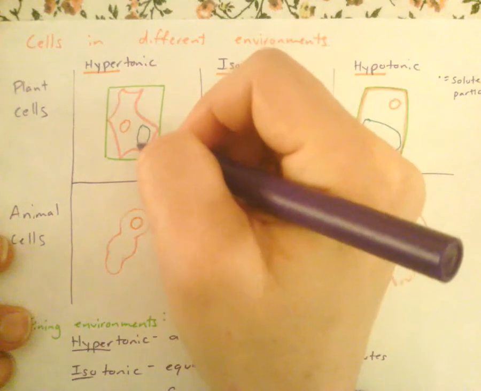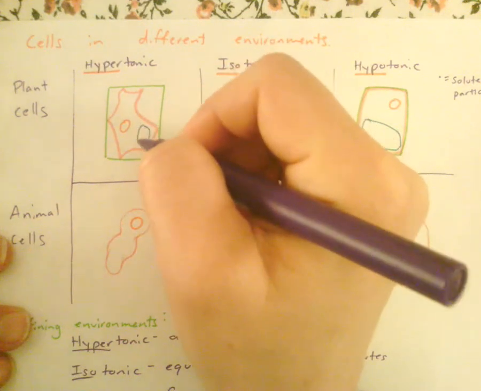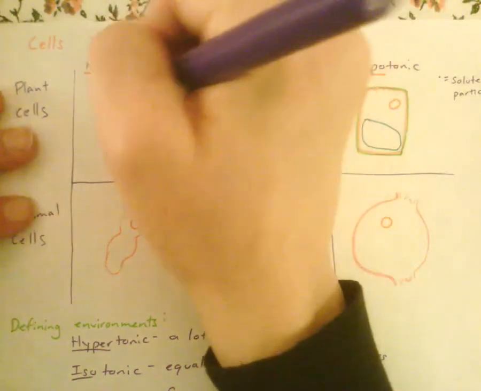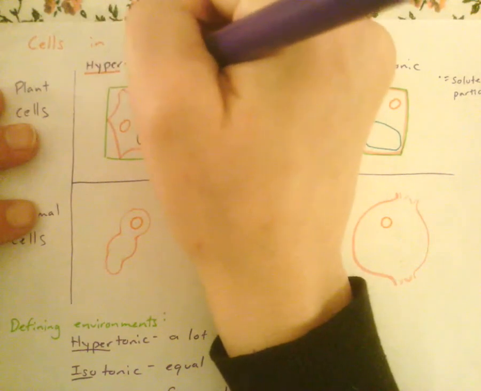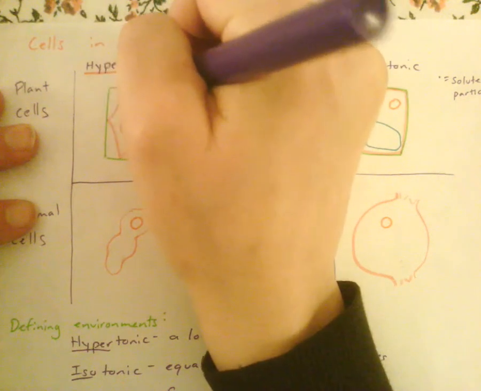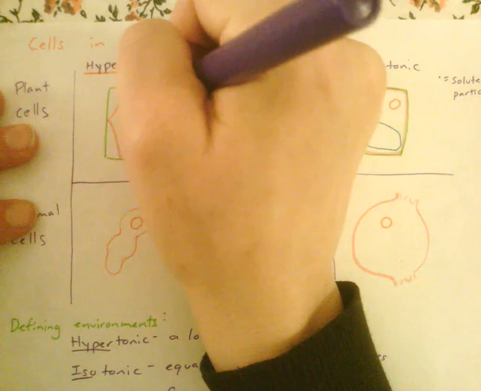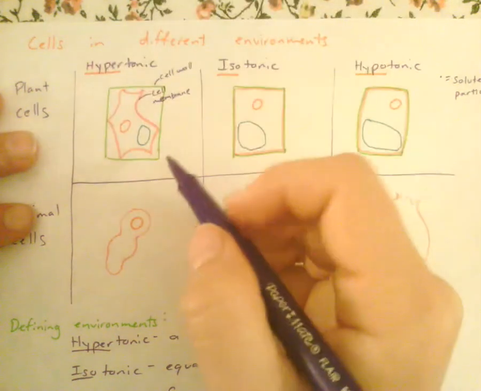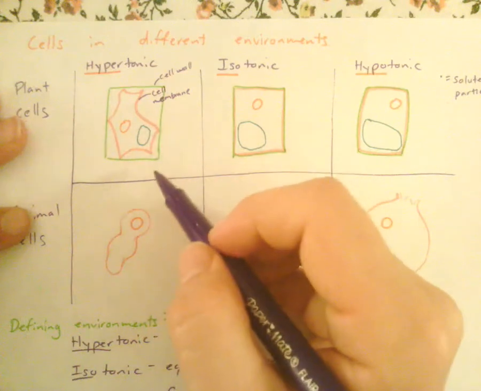And I added the vacuole, the plant storage space, and you'll see that the vacuole is still inside. This is my cell wall, and this is my cell membrane. Remember, the components of the cell are contained within the cell membrane.